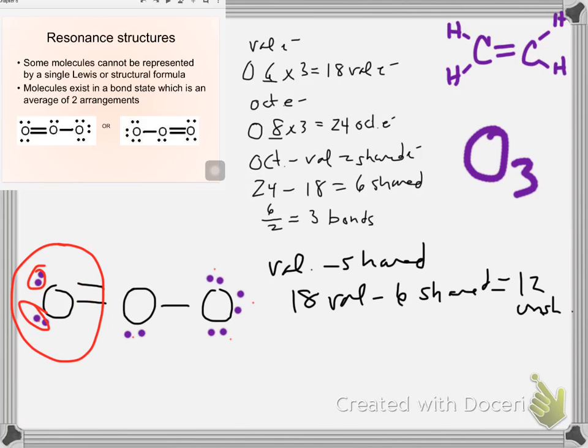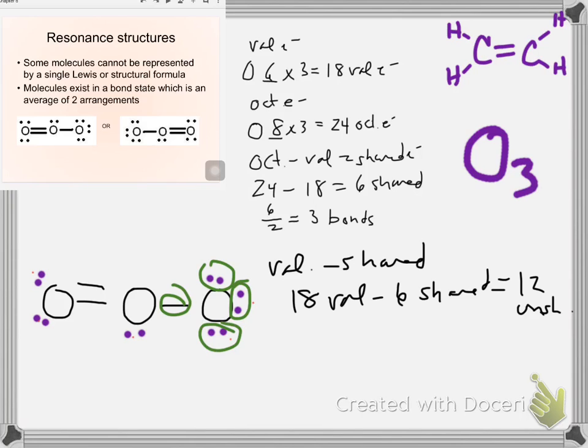I'm looking at the next oxygen atom, I'll do it in a different color, and I'm saying 2, 4, 6, 8. I'm looking at the last oxygen atom, and I'm saying 2, 4, 6, 8. Because this has got to get to octet for each of those atoms.